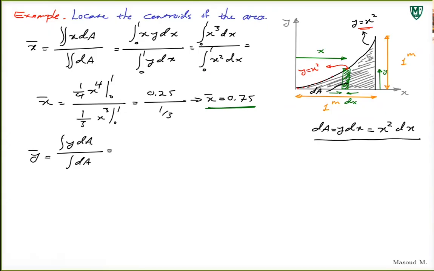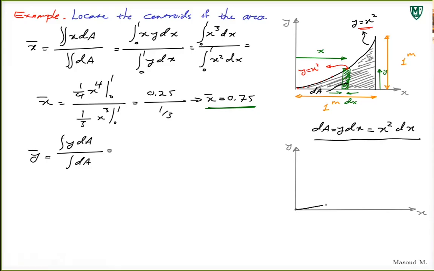Same story. Now we are trying to find y bar, so we have to change the element. Whatever we want to find out, we have to take the element in that direction. Looking at the same area, remember the whole story is that I want to get rid of this double integral and make it a simple integral I can calculate.